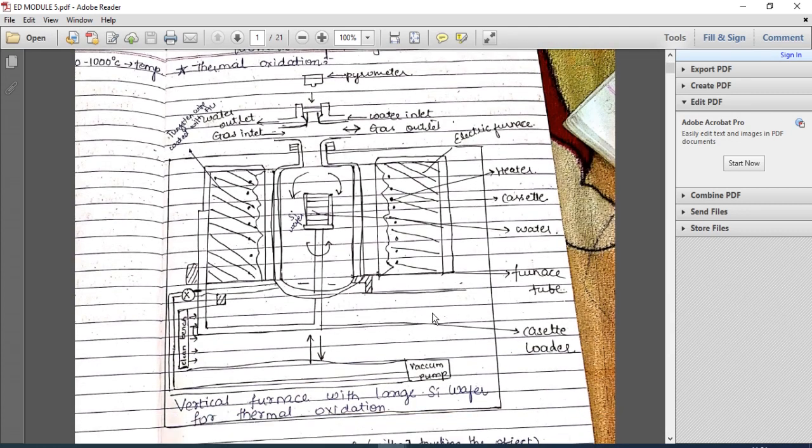So this is the block diagram which we are using to perform thermal oxidation. First thing, our intention is to make a fabrication using PN junction.